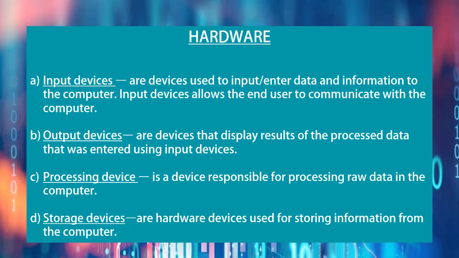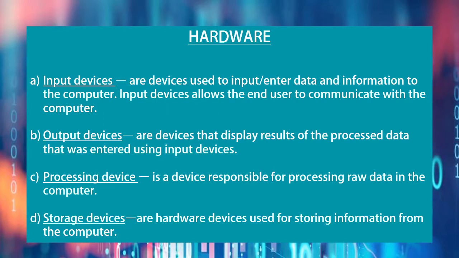When we say input device, these are devices used to input or enter data and information to the computer. It allows the end user to communicate with the computer. Output device, on the other hand, is used to display results of the processed data that was entered using the input devices.